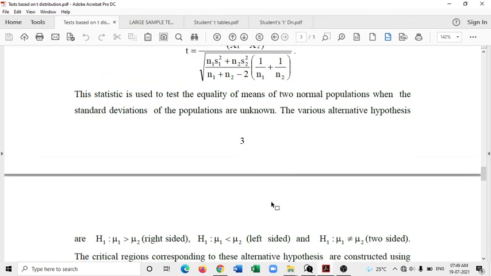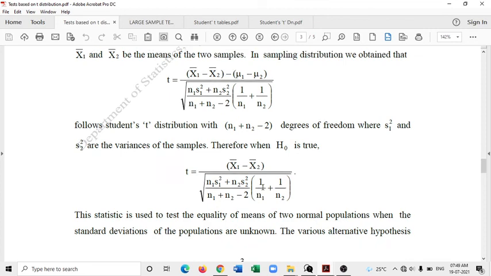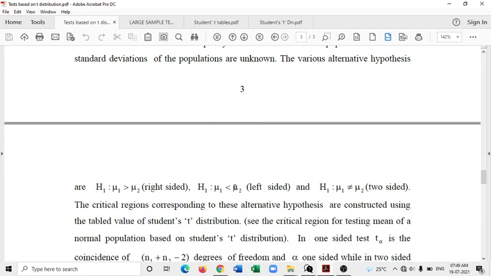Now, the critical regions corresponding to various alternative hypotheses are just as discussed in the case of a population mean having a specified value using T distribution. That is, when the test is right-sided, mu1 greater than mu2, the critical region is T greater than T alpha.